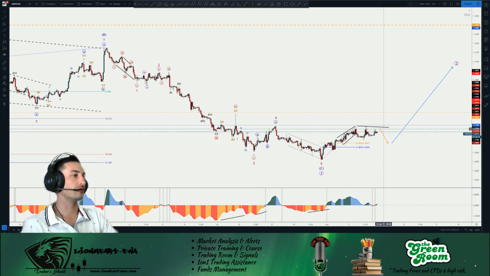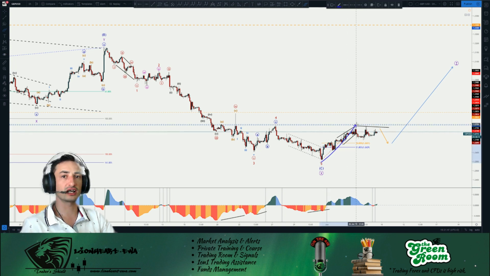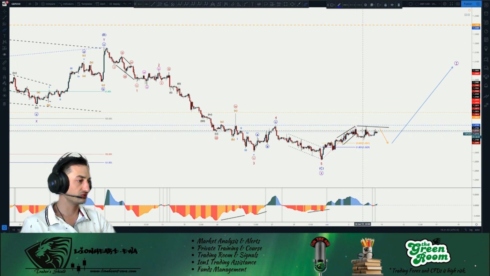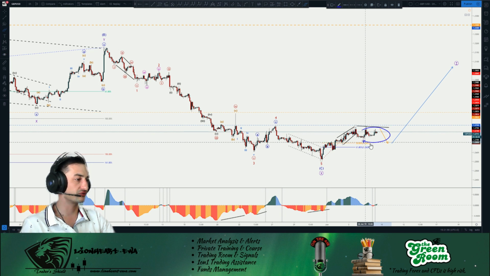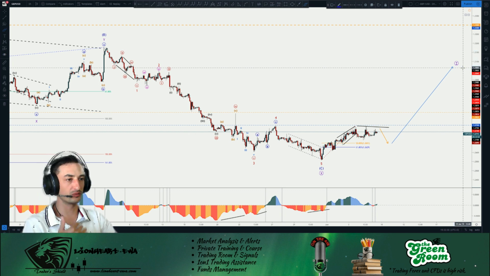Okay, so the structure is either a wave 1, a leading diagonal, or a wave A. Due to how this actually took place, this kind of looks like a B wave, so it actually coincides with the fact that I'm looking for a completion of a larger degree correction.